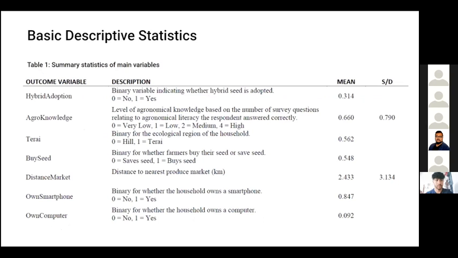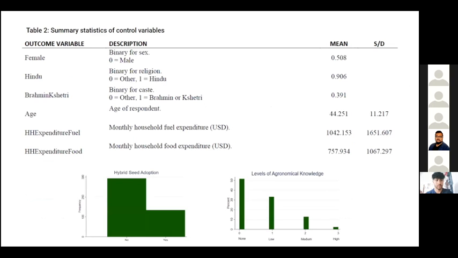And agronomical knowledge has a mean of 0.6, which indicates that the majority of our respondents tend to have very low to low agronomical knowledge. And this is the summary statistics of our control variables.